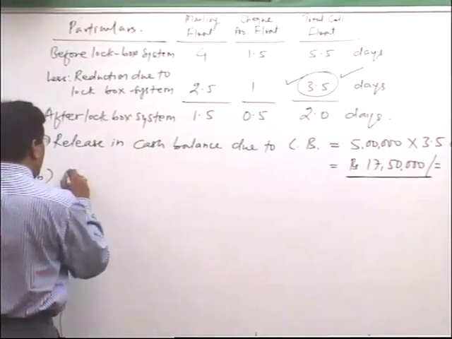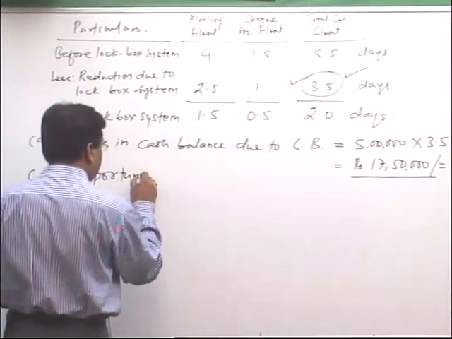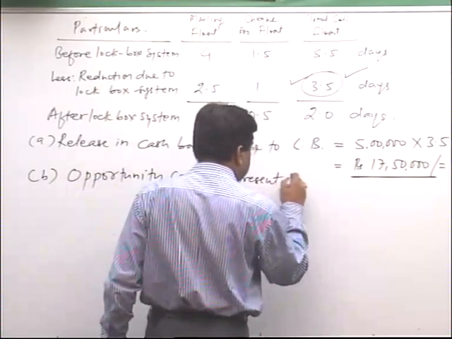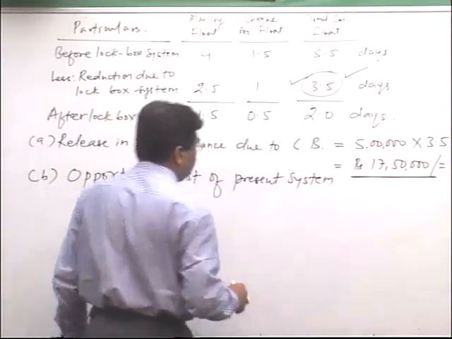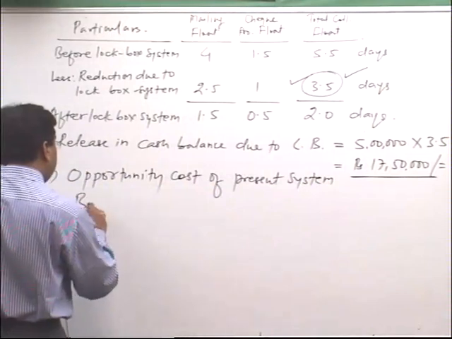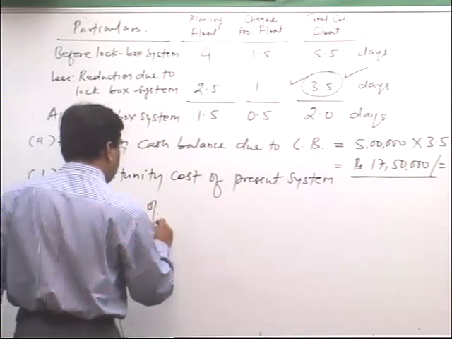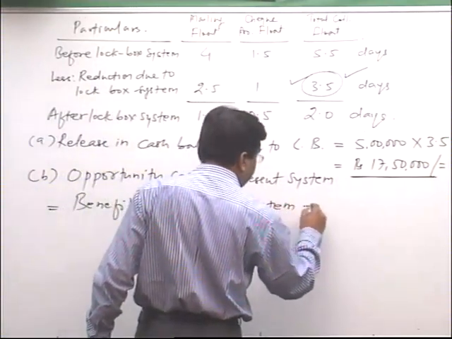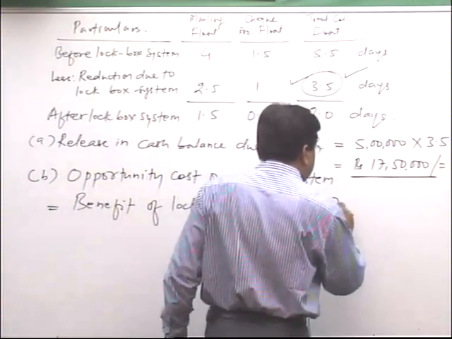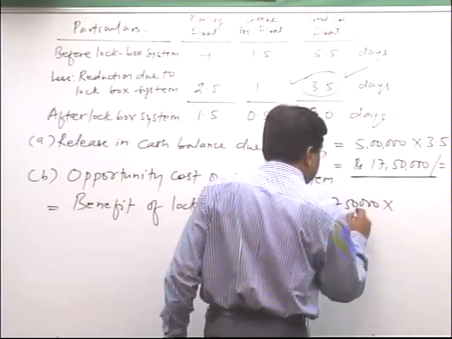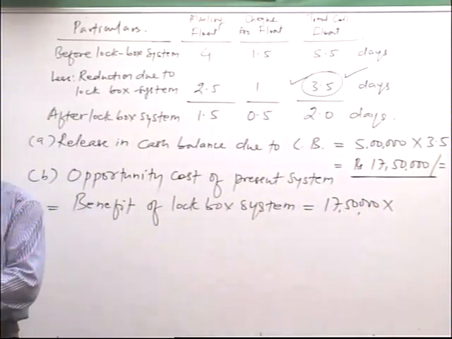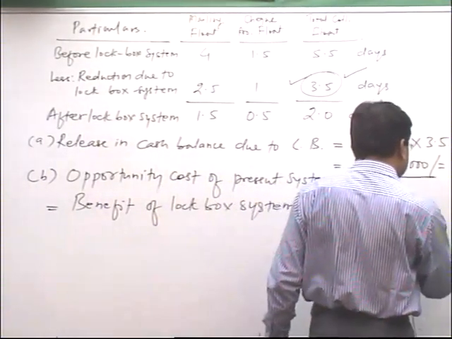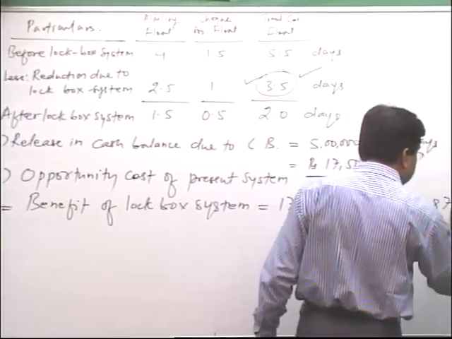So second is opportunity cost of present system, that is equal to benefit of lockbox system, is equal to 17,50,000 we are receiving earlier, and on this we can earn interest of 5% per annum. So into 5%, it is rupees 87,500.